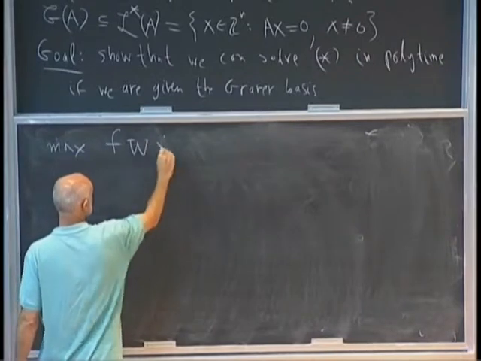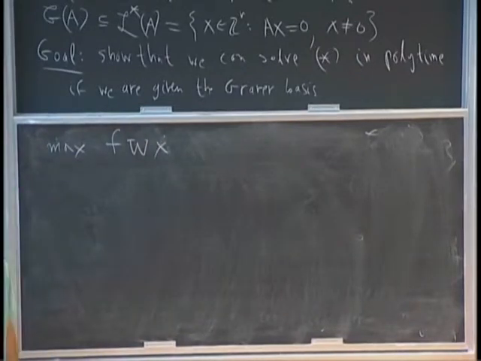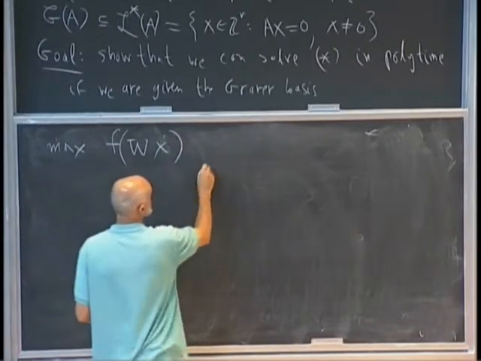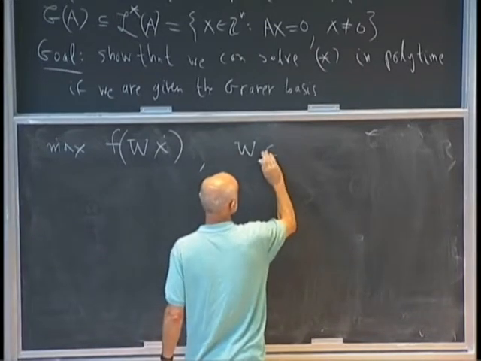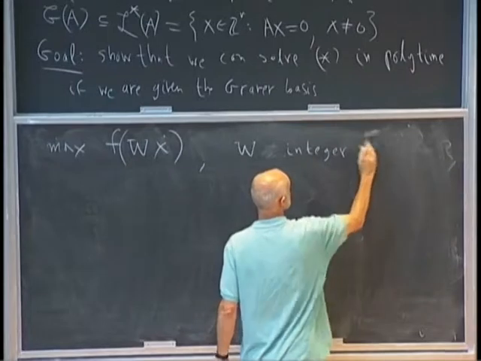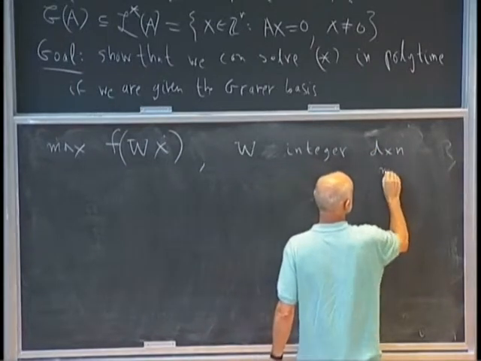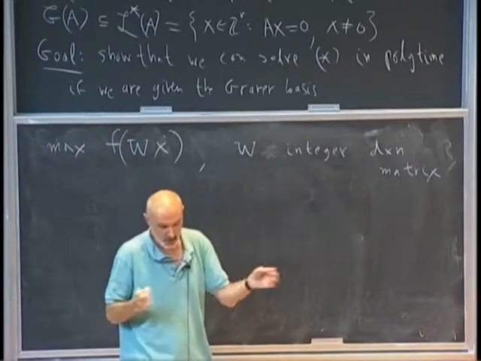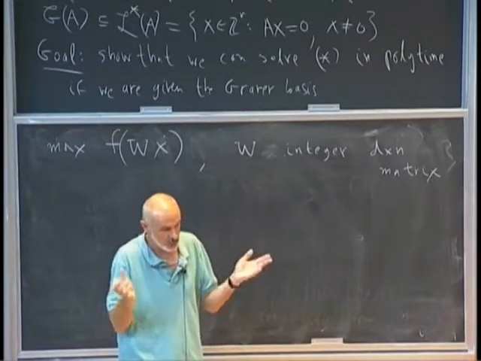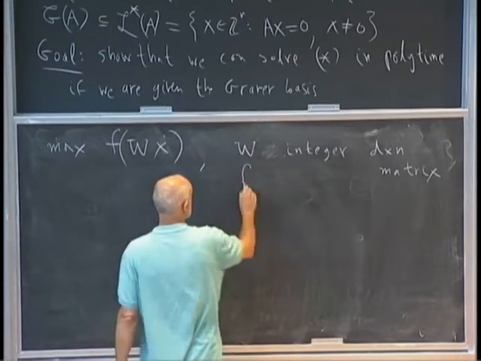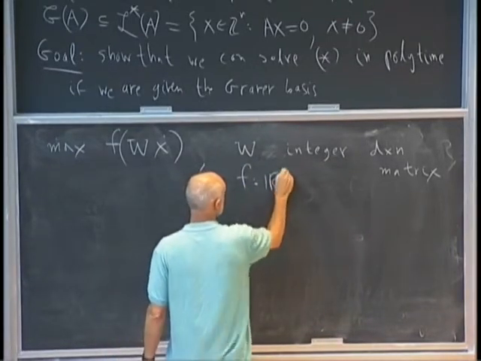This is something I mentioned again in the introduction, if you remember the example of the spanning trees with several linear criteria. So we can maximize such functions. Now, W is an integer D by N matrix. So each row represents a linear objective function, if you want, or criterion or utility of a player, and f mixes them together. So f now is a convex function on R^d.